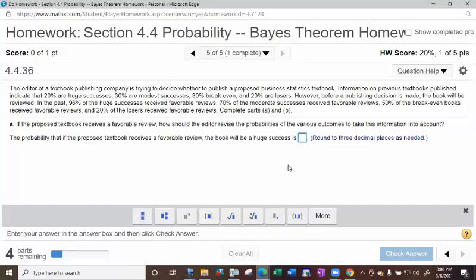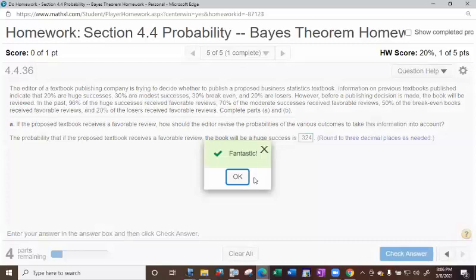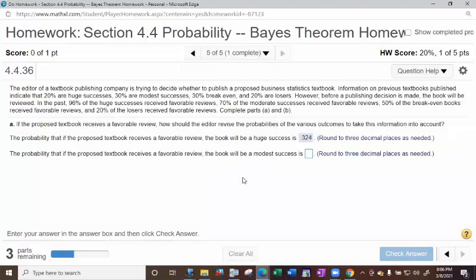So about 0.324. Fantastic. Look at us go. Favorable review will be a modest success. So modest given, okay, I'm really glad I did it that way now.